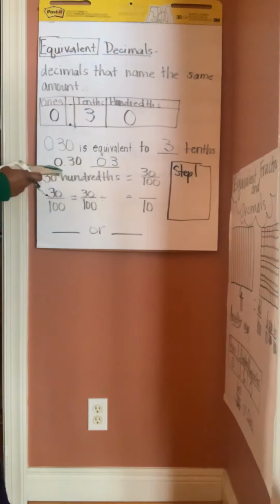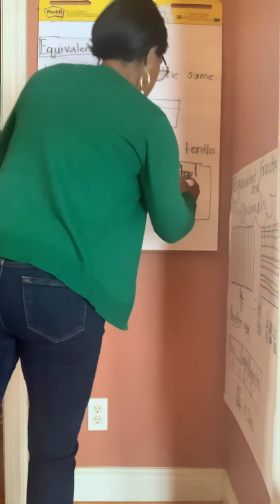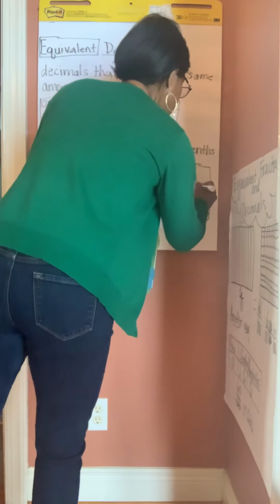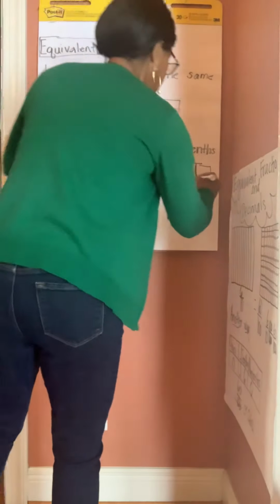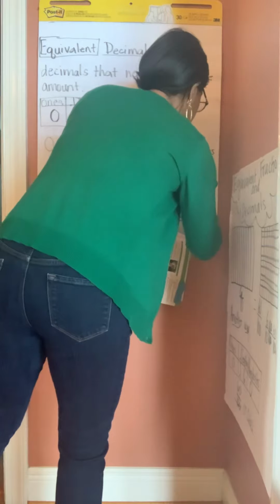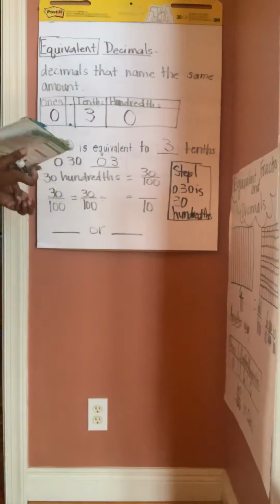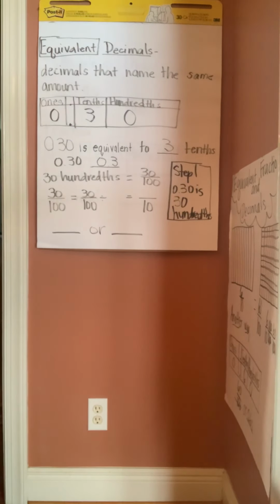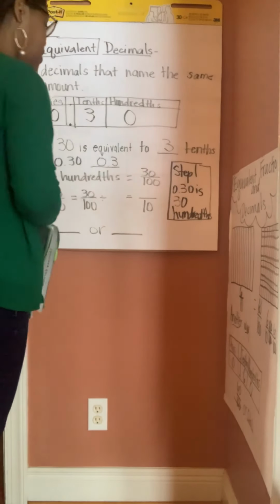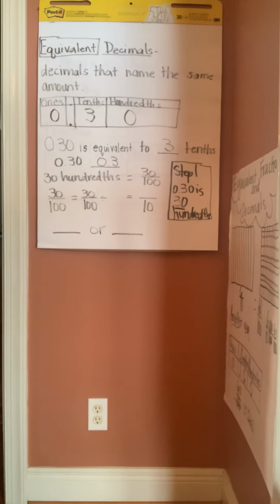And this is under another way. You should have 30 hundredths, okay, is the number 30, the word hundredths. And notice, since we're dealing with decimals, 30 hundredths is written as 30/100. That's under step 1.